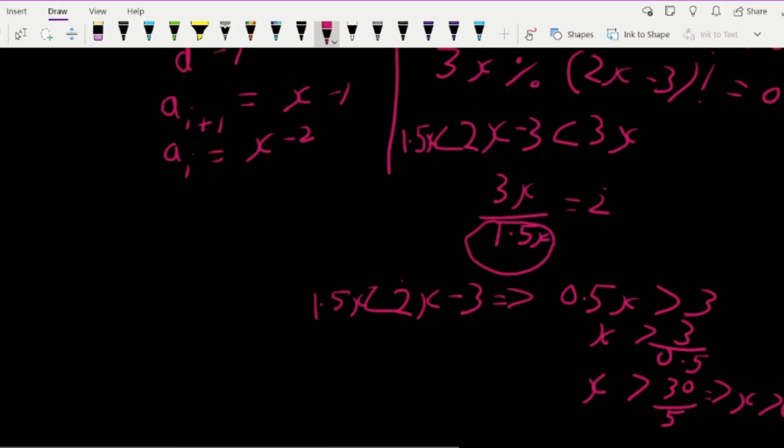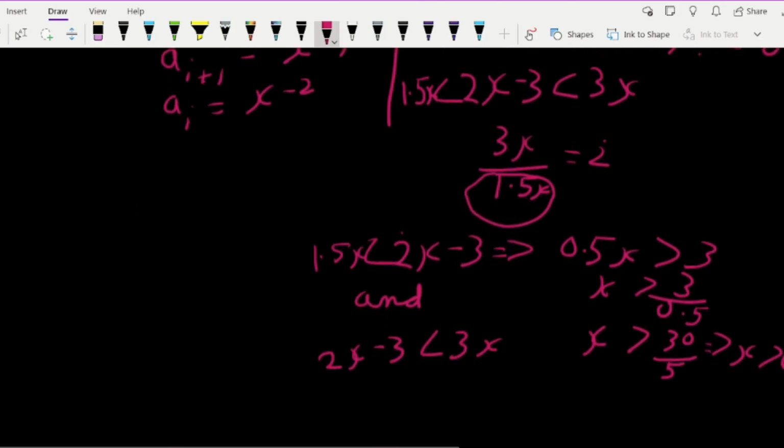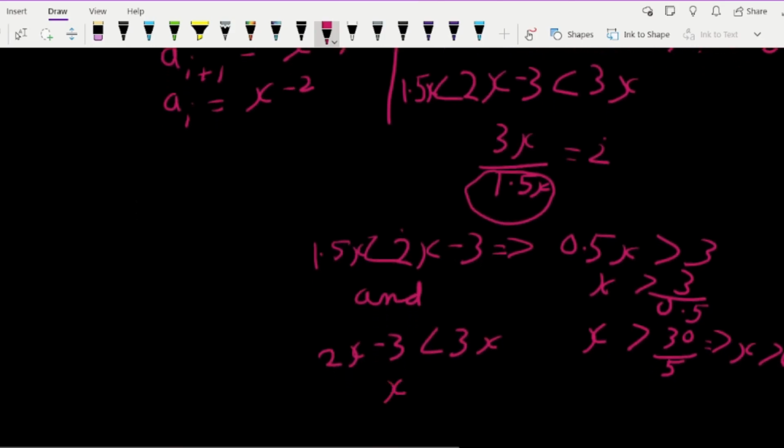And the other inequality: 2x minus 3 should be less than 3x, x should be greater than minus 3.